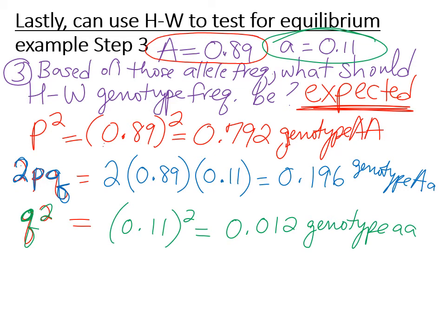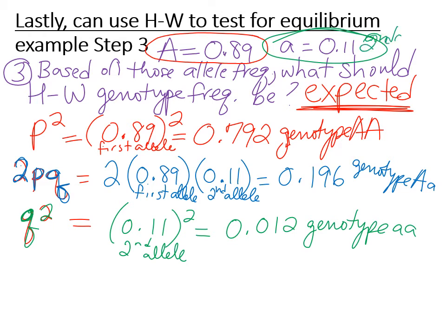The first one is our first allele. In the second equation, it's 2 times first allele times second allele frequency. And then the third one is your second allele. The reason why sometimes I write that out, and I'll even write up here lowercase a, that is what we mean by second allele.